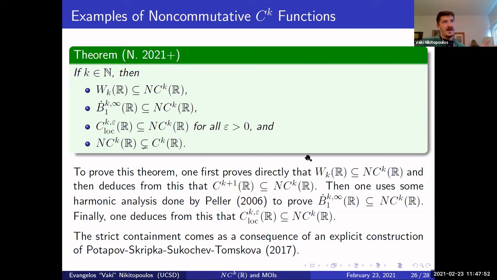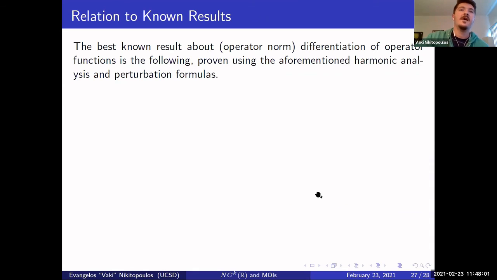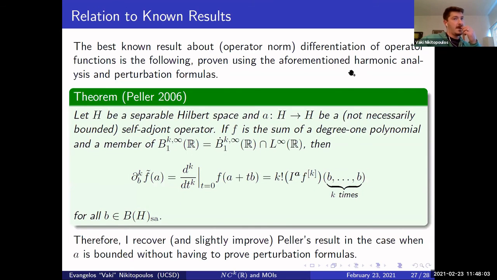All right, so once again, take home, if you're barely a little bit better than C^k, then your operator functions are differentiable. And here's a comment about how this relates to essentially the best known result for derivatives of operator functions. Here is this result that Peller was after in his 2006 paper.